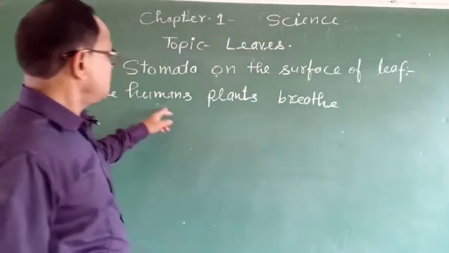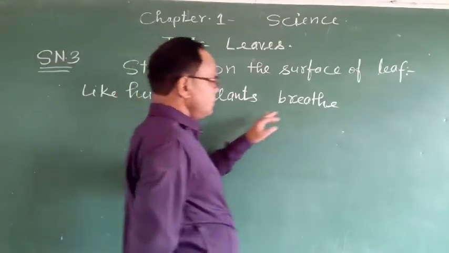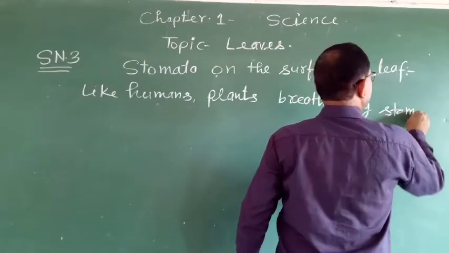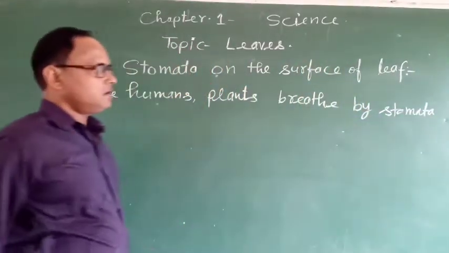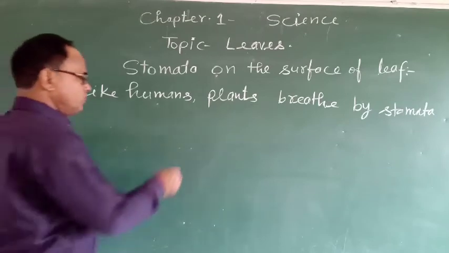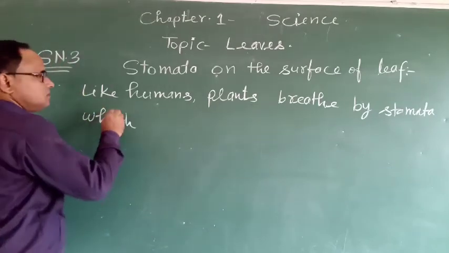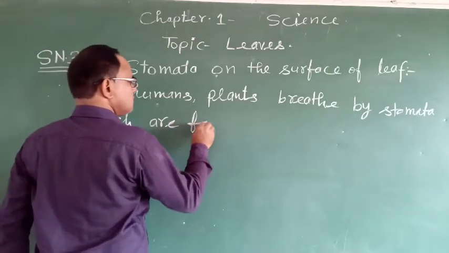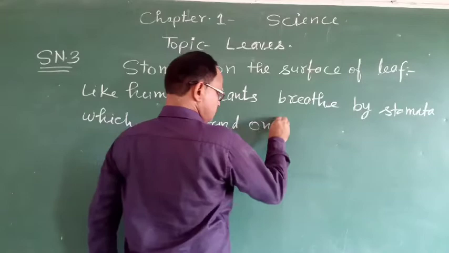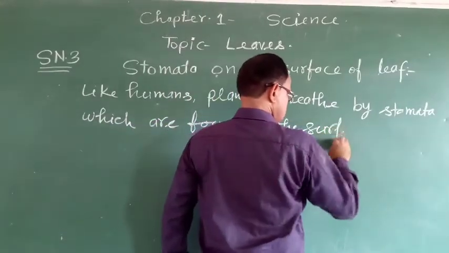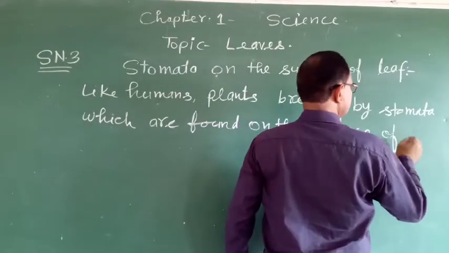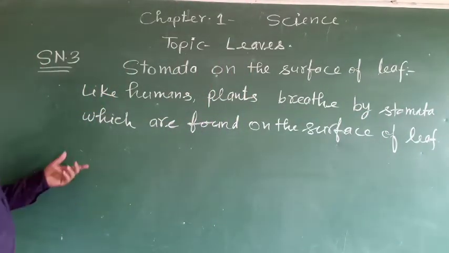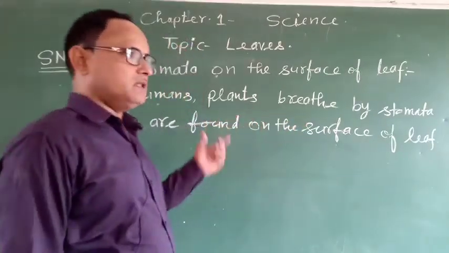Plants breathe by stomata, which means stomata are found on the surface of the leaf, the surface of leaves, by which the plant breathes.